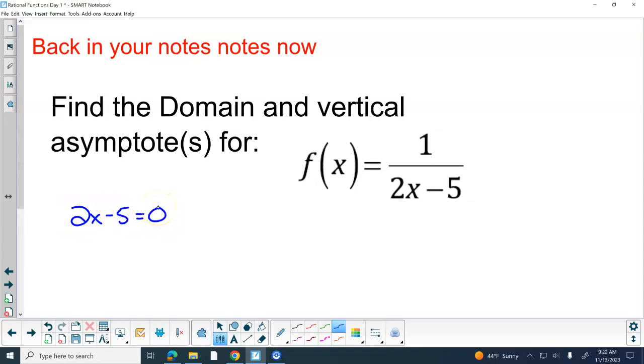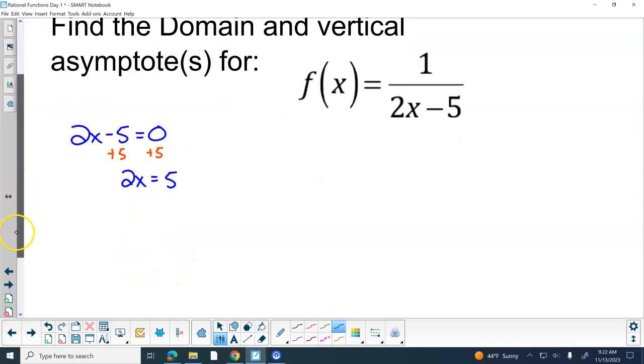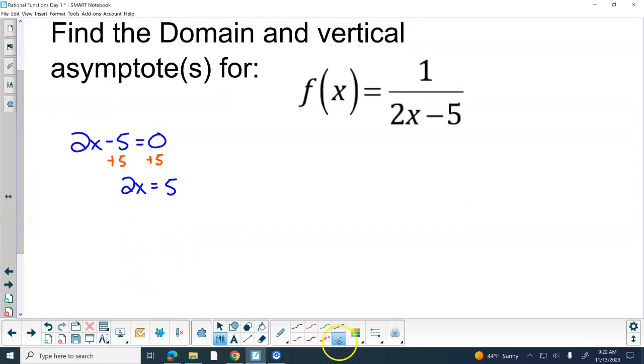What would we do to go about solving that? Add 5. X equals 5. Divide by 2. X equals 5 halves. 5 halves times 2 is 5. Minus 5 is 0. Check out.